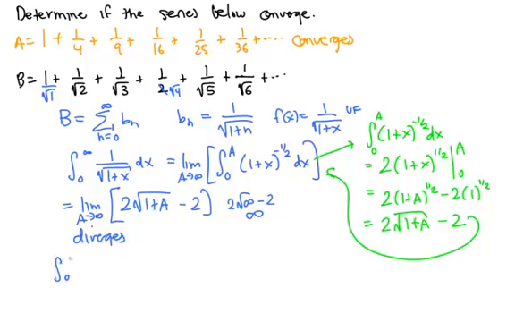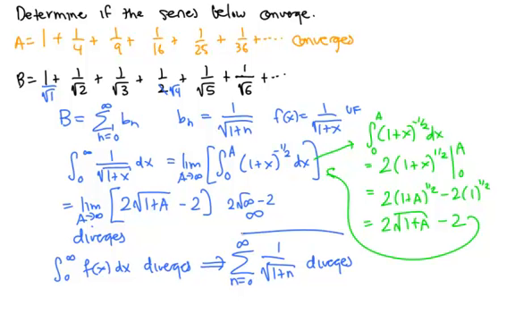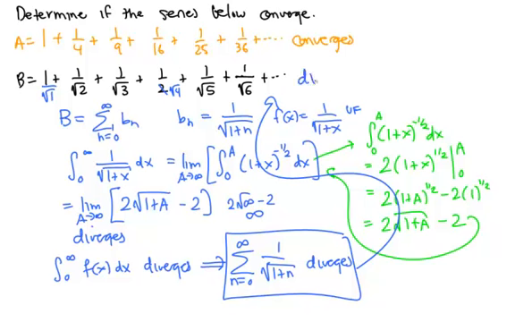So the integral from 0 to infinity of the function f of x dx diverges. By the integral test, that means that the summation n going from 0 to infinity of our function bn, 1 over root 1 plus n, also diverges. And so in this case, our second series diverges.